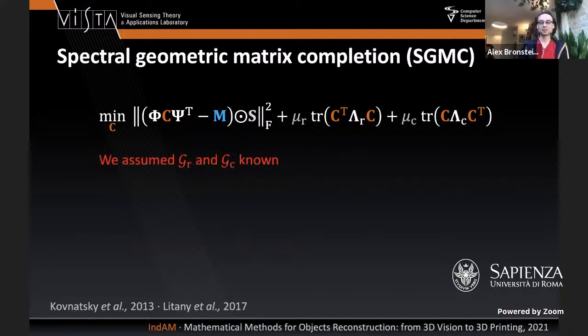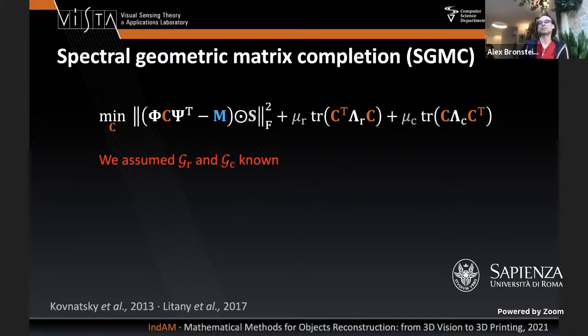Okay. So far, we assumed that the graphs GR and GC were known, and this is a little bit a naive assumption. So even if I have, let's say, a social graph of the Netflix users, and I have some other meaningful graph relating between the movies, there is no guarantee that these are indeed the graphs that gave rise to the matrix that I am observing. It might be a process that was created by a different geometry.